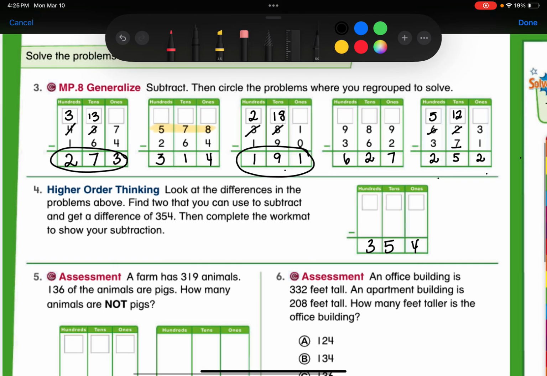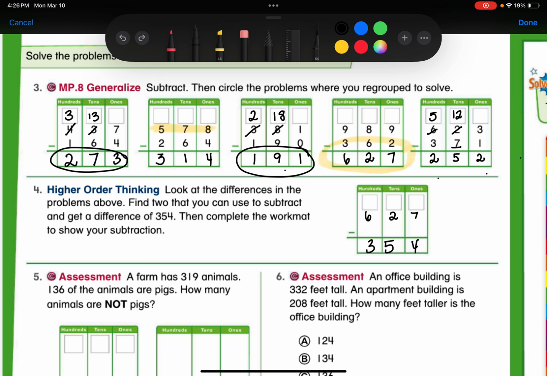And it looks like the only number that makes sense to use to subtract from is 627. So I'm going to put 627. Now I need to figure out what I can put down here to equal 354.